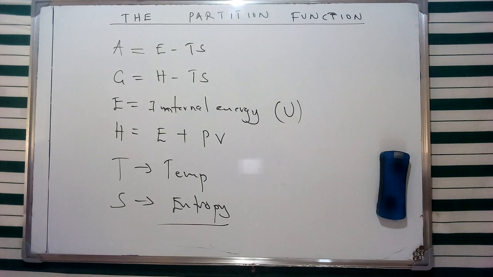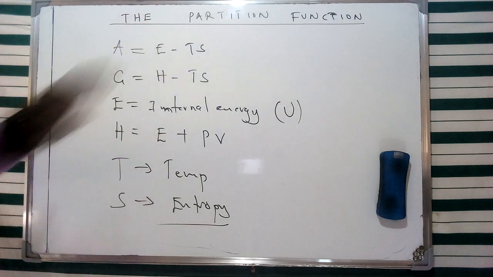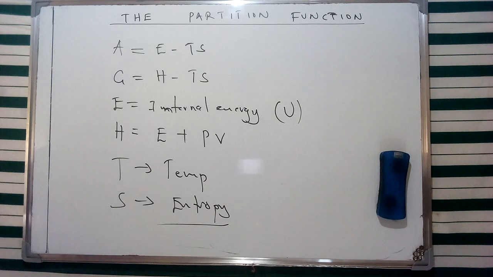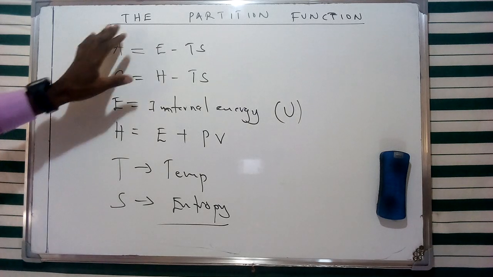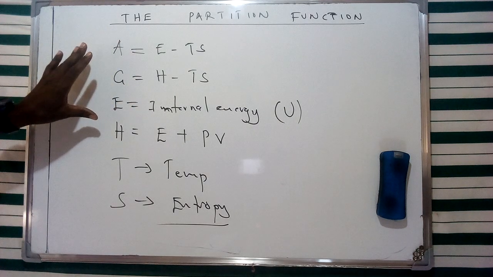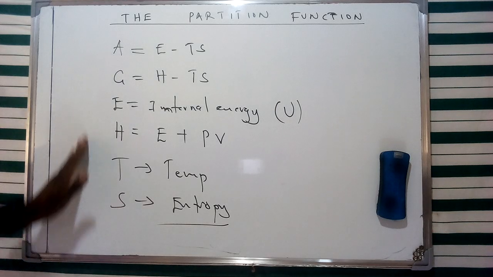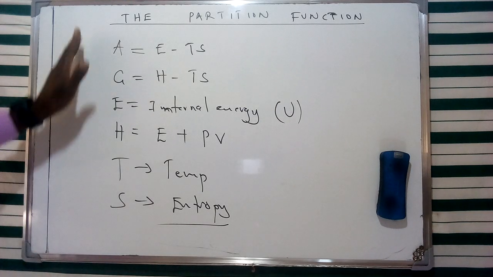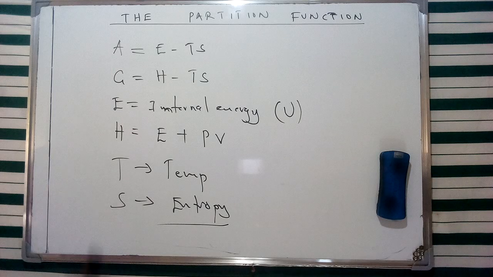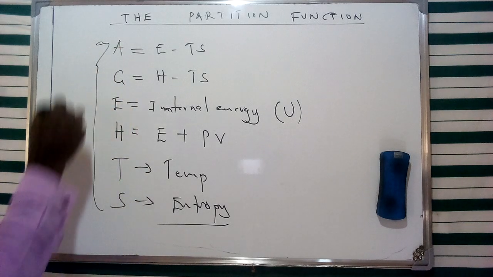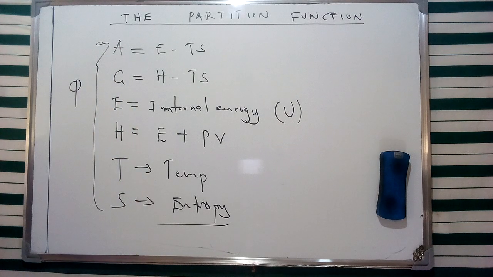Therefore, this represents the number of thermally accessible energy levels of a system at a specific temperature. And the relevance of this is that the partition function can be used to represent the thermodynamic quantities listed on the board, among others.